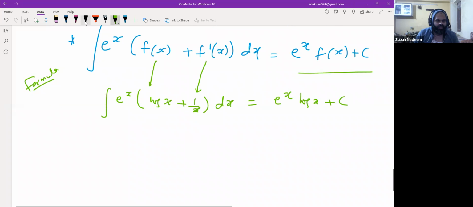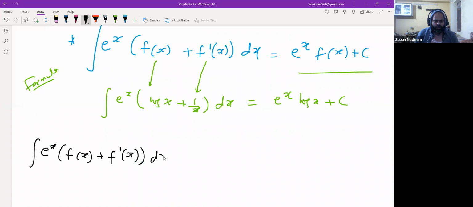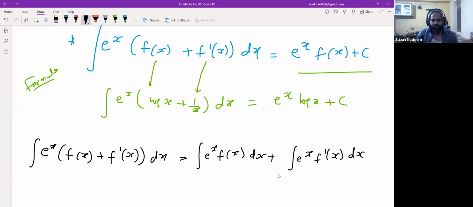If we see this e to the power x into fx plus f dash x dx situation, you can write it as the integral of e to the power x fx dx plus the integral of e to the power x f dash x dx separately. For the first one, let us not disturb e to the power x fx, we leave it as it is.